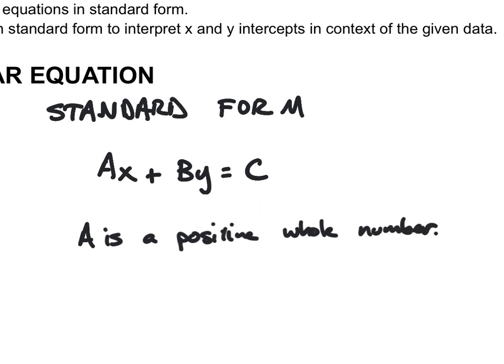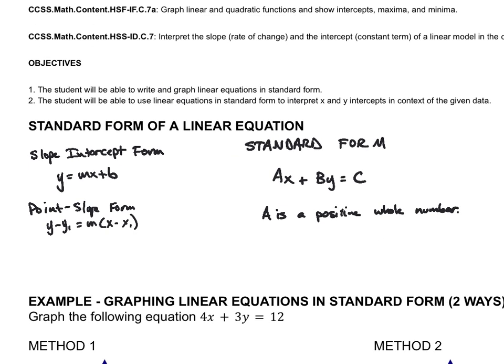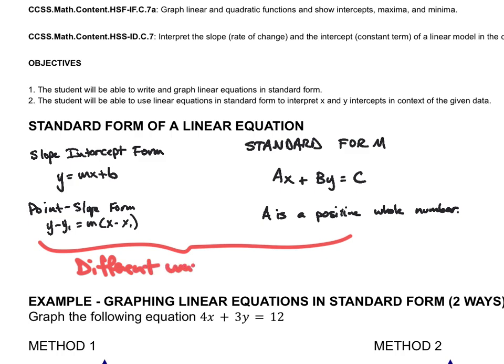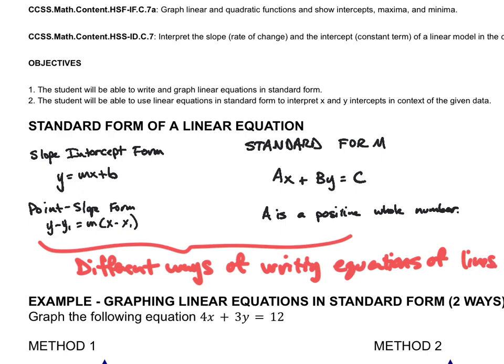So basically, you have all these different forms, but the main thing is that these are all different ways of writing equations of lines, okay? And that's the bottom line. That's what we're doing.